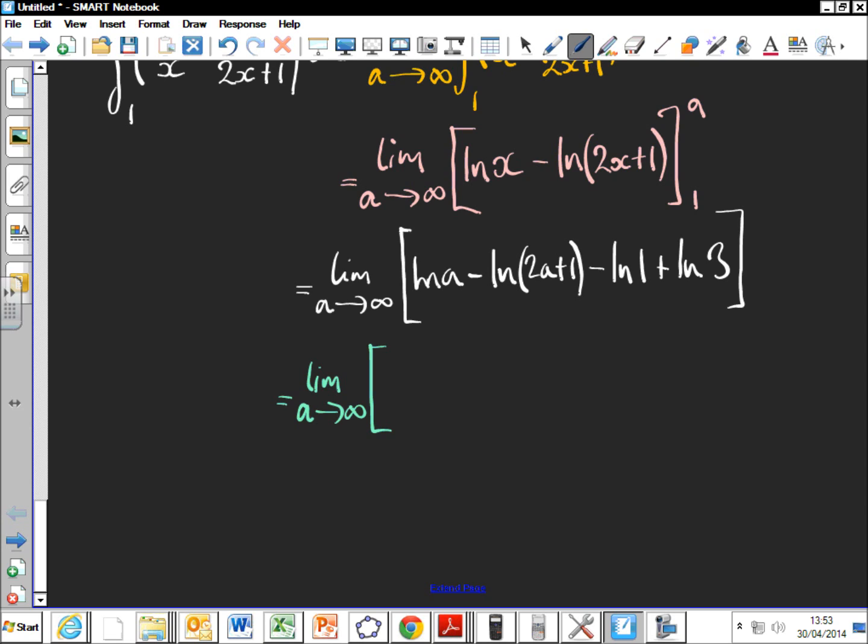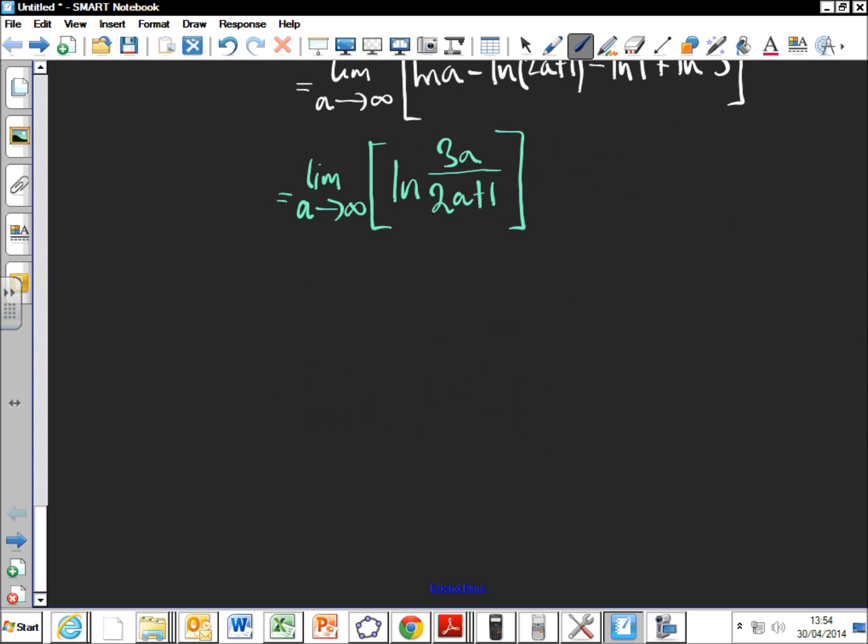So the ln 1's going to go. The point is I can combine them all into one ln. It's going to be ln a over 2a plus 1 multiplied by 3. So let me write it out and just check that you agree. The ln 3 is going to be 3a on the top. So that all gets combined into that.